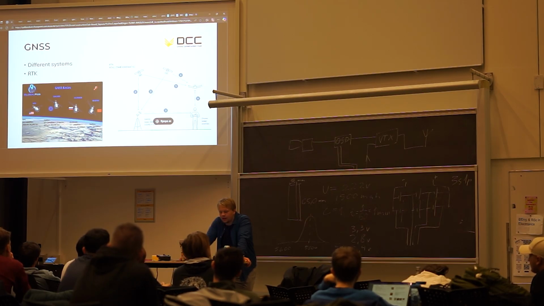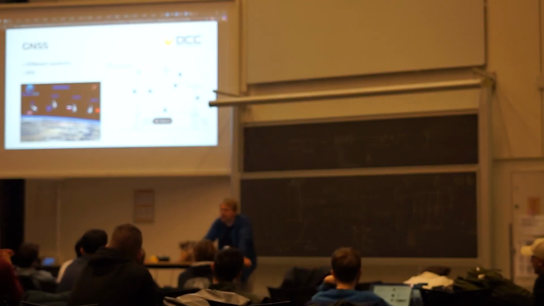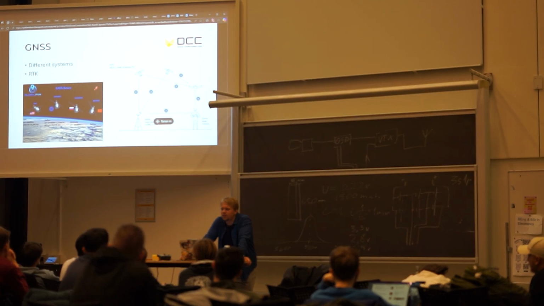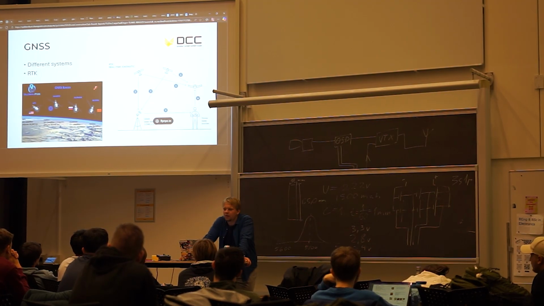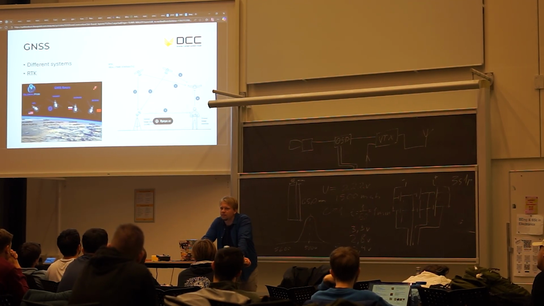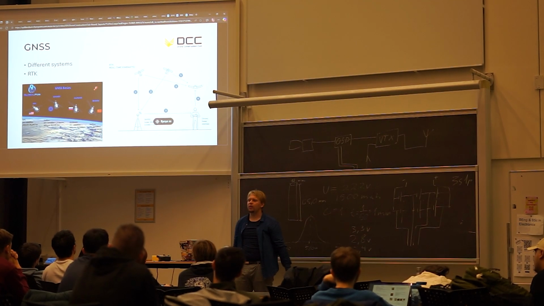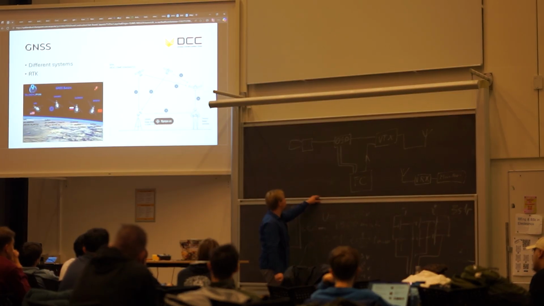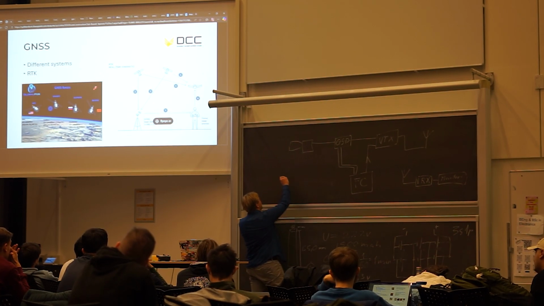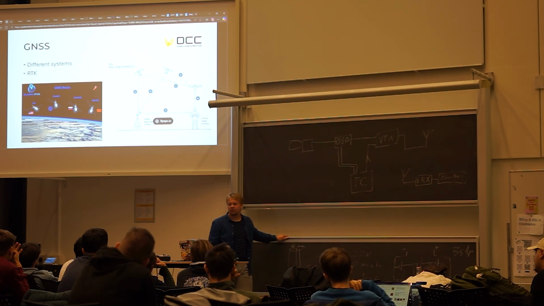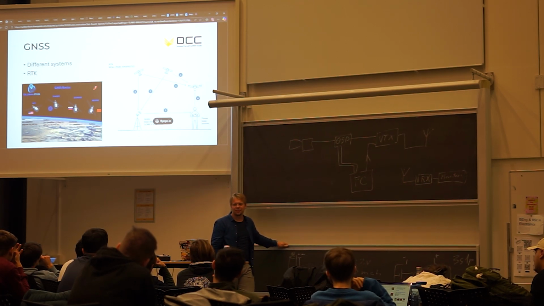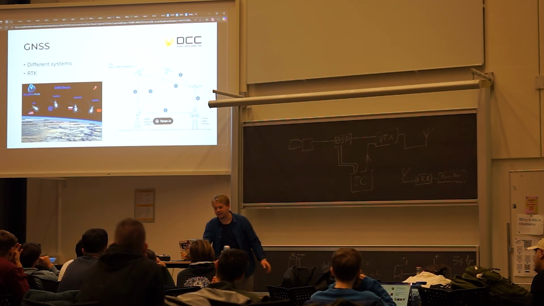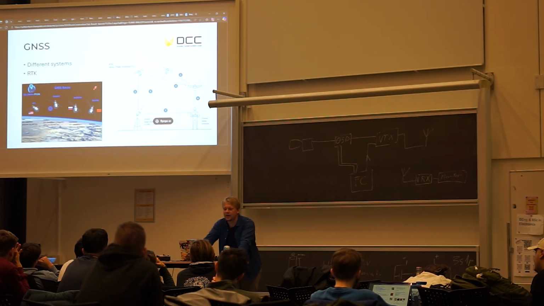What it does is it literally just sends out a time stamp, and another thing that it knows is where it's at. So with those two things, you can actually calculate where you are, because you know how far you are from each satellite. So it's basically a simple triangulation with a little bit of relativistic effects coming into play.